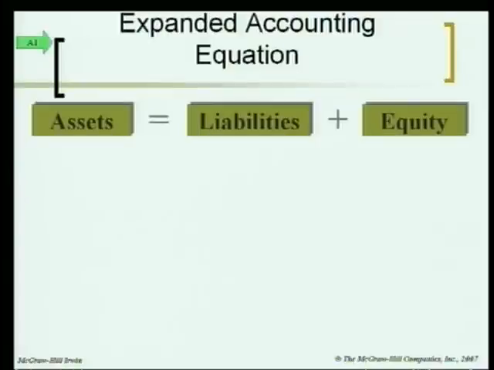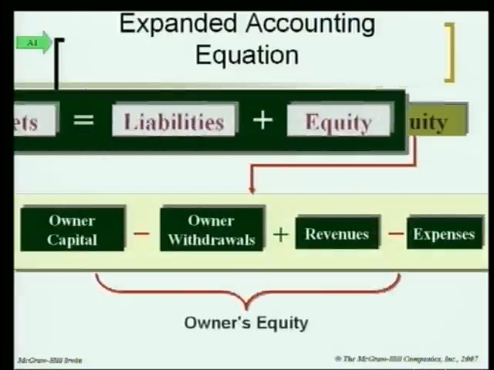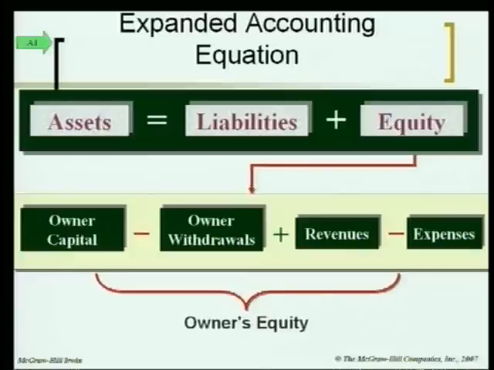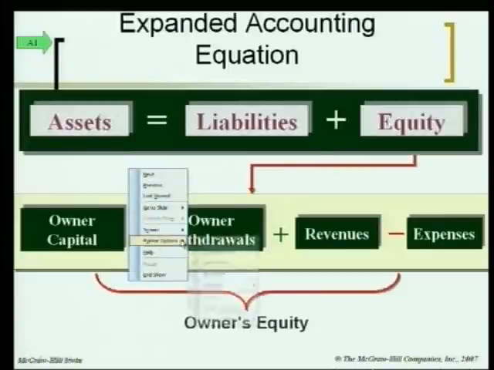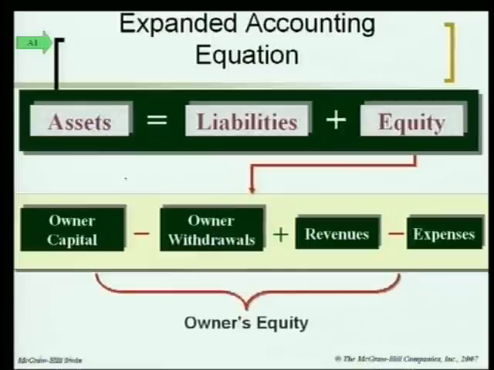The two things that decrease equity were withdrawals of assets out of the business by the owner and expenses, correct? So we can expand this accounting equation a little bit, knowing that the two things that decrease equity, owner's withdrawals and expenses, are subtracted.